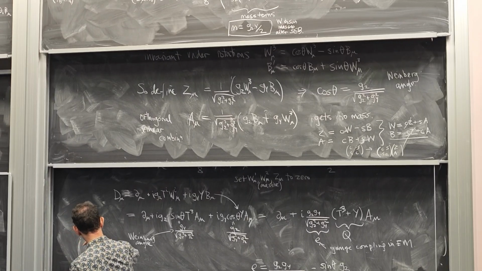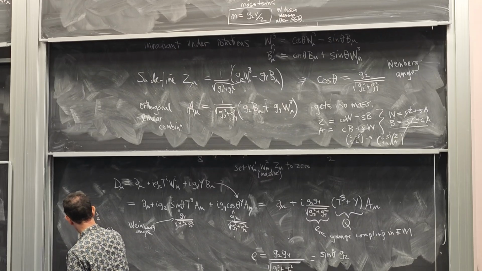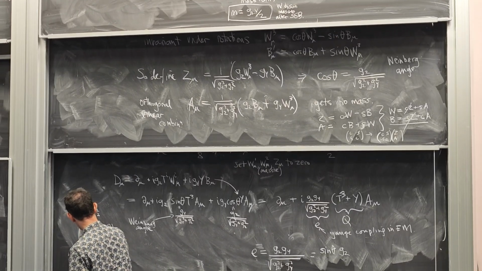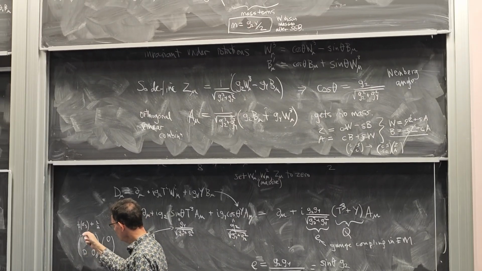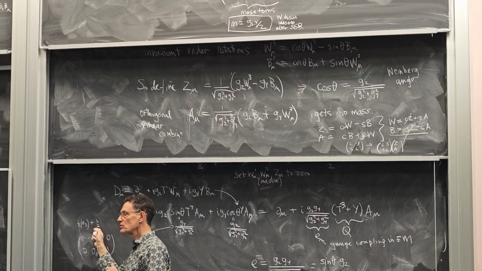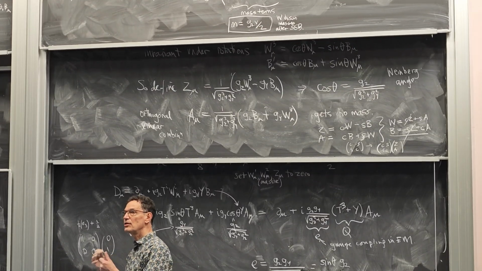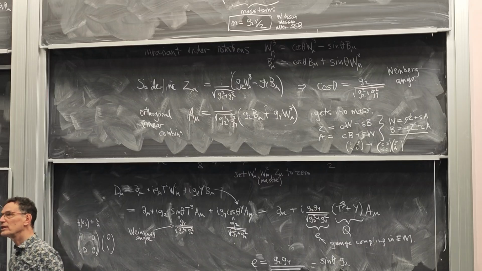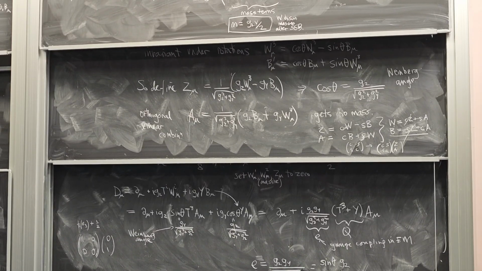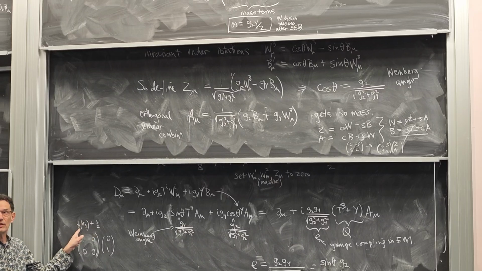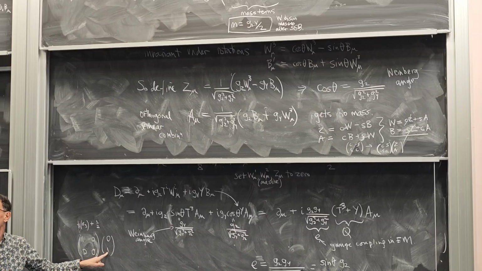Okay, let me just think. Yeah, so we have 1, 0, 0, 0. This is the linear combination of generators which leaves the vacuum invariant. So if you want to just think about the group theory of it, the unbroken symmetry, U(1) electromagnetism, is generated by the generator of SU(2) cross U(1) which leaves the Higgs field invariant.